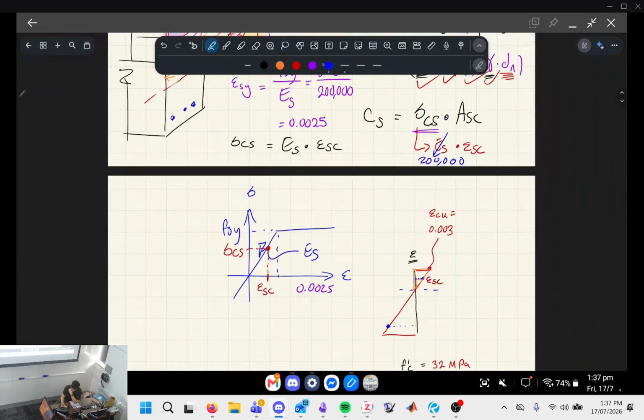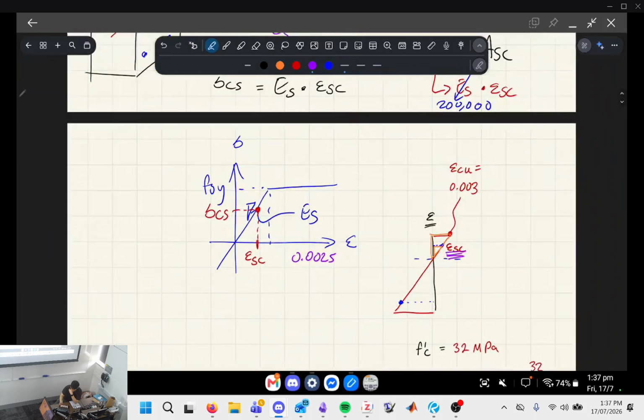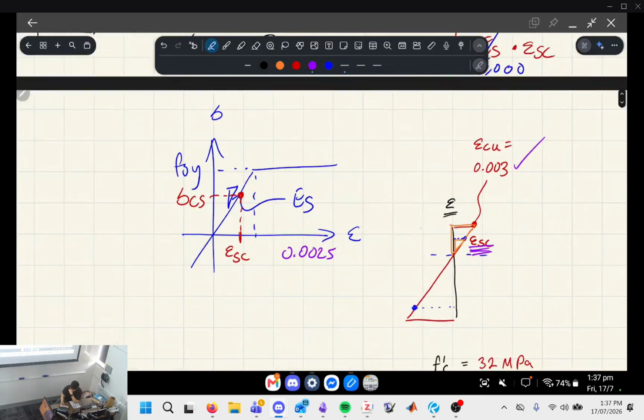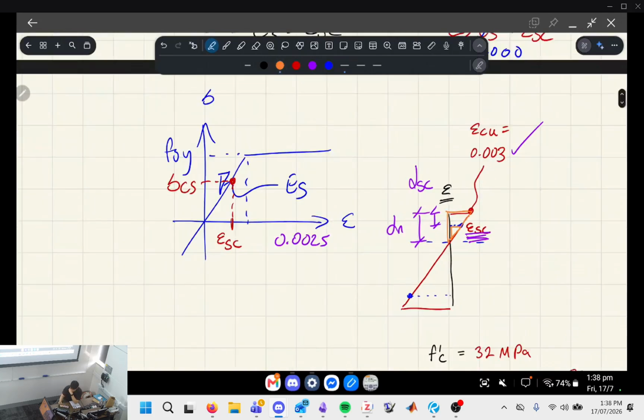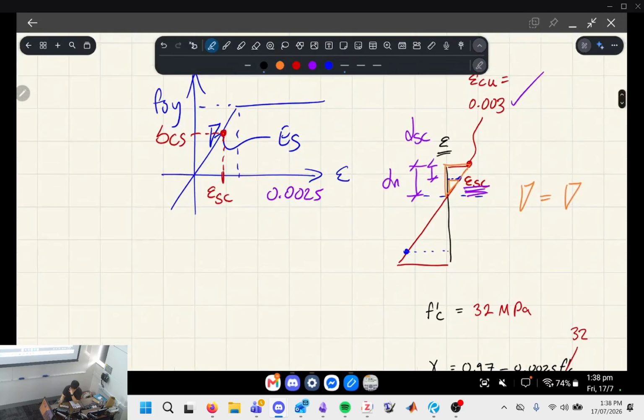So we want this number. We know what this number is, and we know what these depths are. So that's dn, and let's just say that is dsc, the depth to the compressive steel from the top. So similar triangles: this triangle slope is equal to this triangle slope, so rise over run is equal to rise over run.